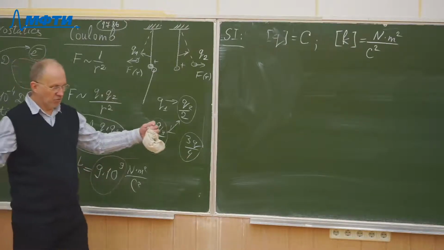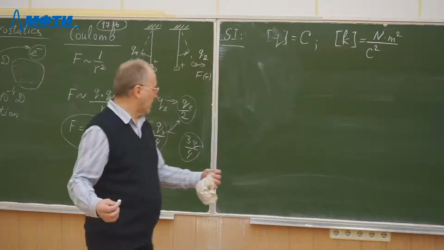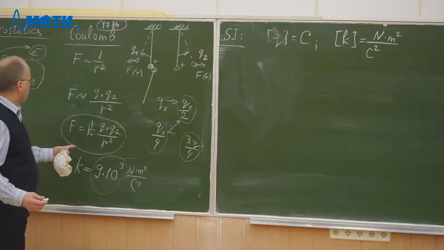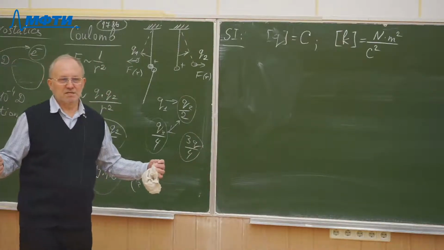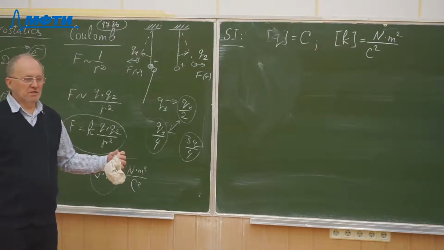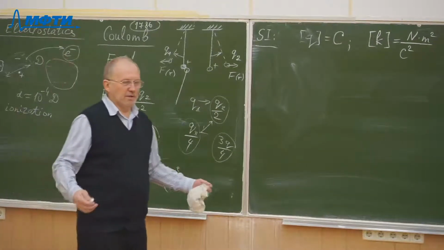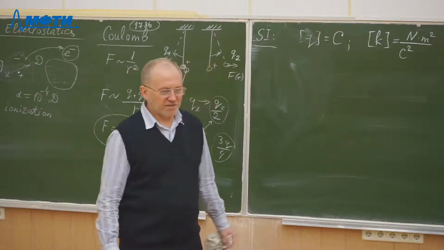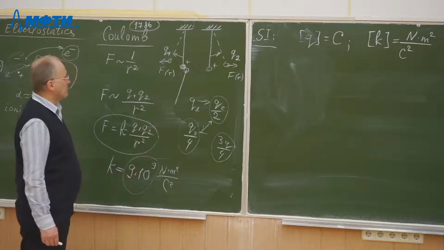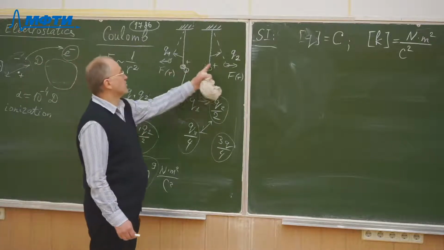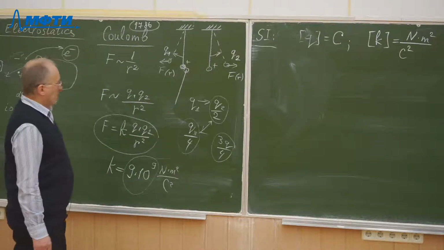If you take 2 point charges separated by the distance of 1 meter, and each charge is 1 coulomb, then the force of interaction will be about 1,000,000 tons, which is such a huge force which can never be reproduced in any laboratory. No material will bear such stress, such a great force. So actually the charges people have in any experiments with charges are millions of times smaller than a coulomb.